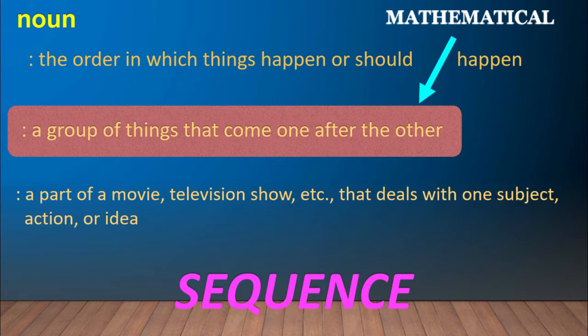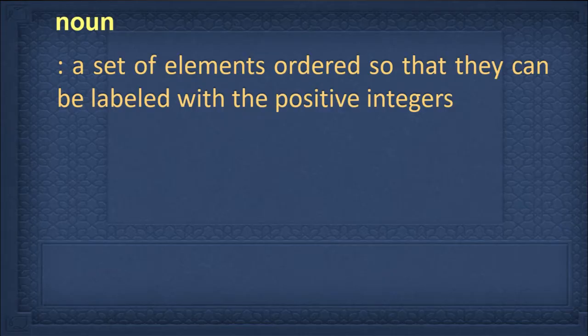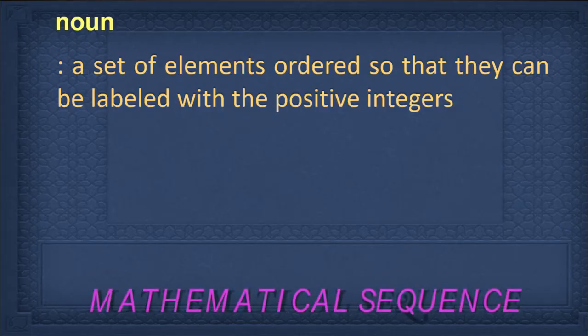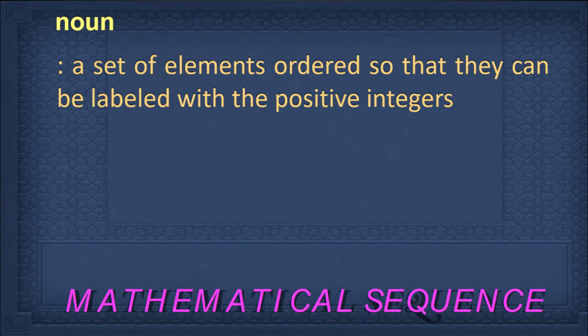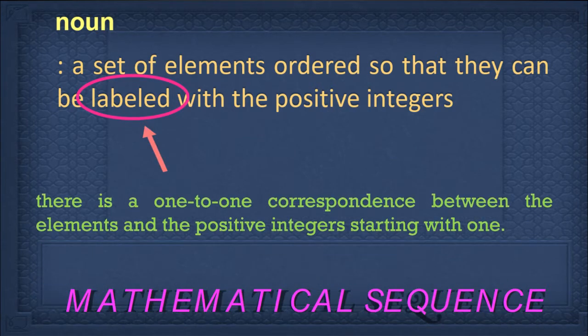Now, what is a mathematical sequence? A mathematical sequence is a set of elements ordered so that they can be labeled with the positive integers. Labeled meaning there is a one-to-one correspondence between the elements and the positive integers starting with 1.